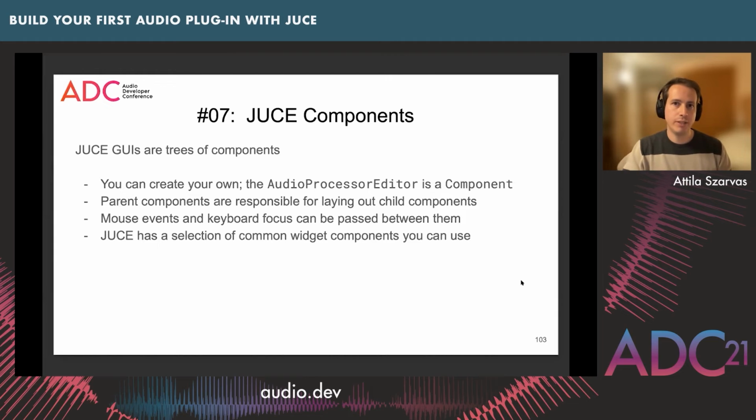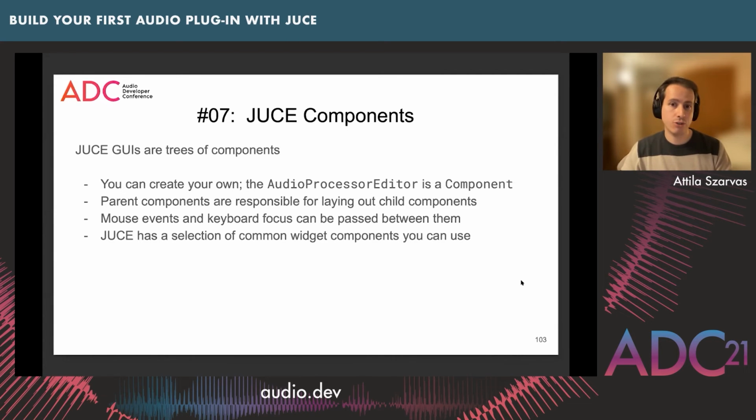So when you want to place widgets on top of the editor, you have to create new components and make them children of the root component. The parent components are responsible for laying these children out, and they can even pass mouse events and keyboard focus in between them. So it's possible to handle these events only in the component that is affected by them.